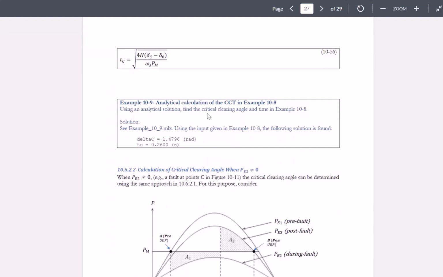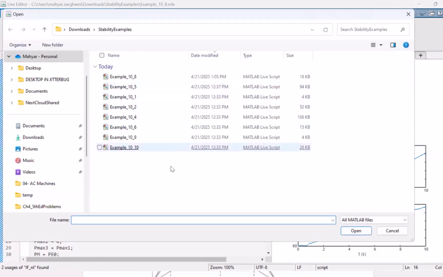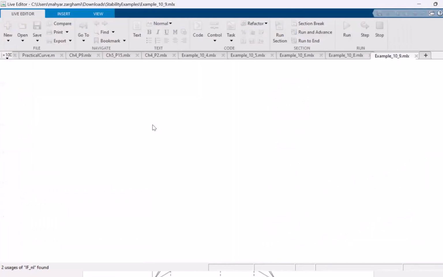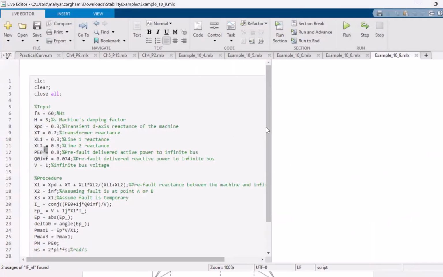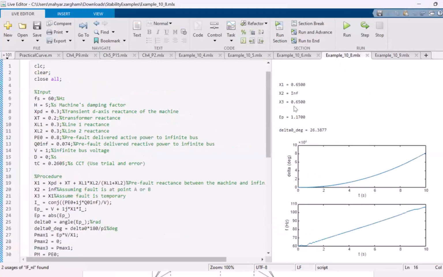Using the analytical solution, find the critical clearing angle and time in the previous example. So the same example that we did through trial and error. Now, in example 10.9, we're going to do an analytical solution for that. And delta C, the critical clearing angle, would be found at 1.4796 radians, and the critical clearing time would be 0.26, which is close, right?